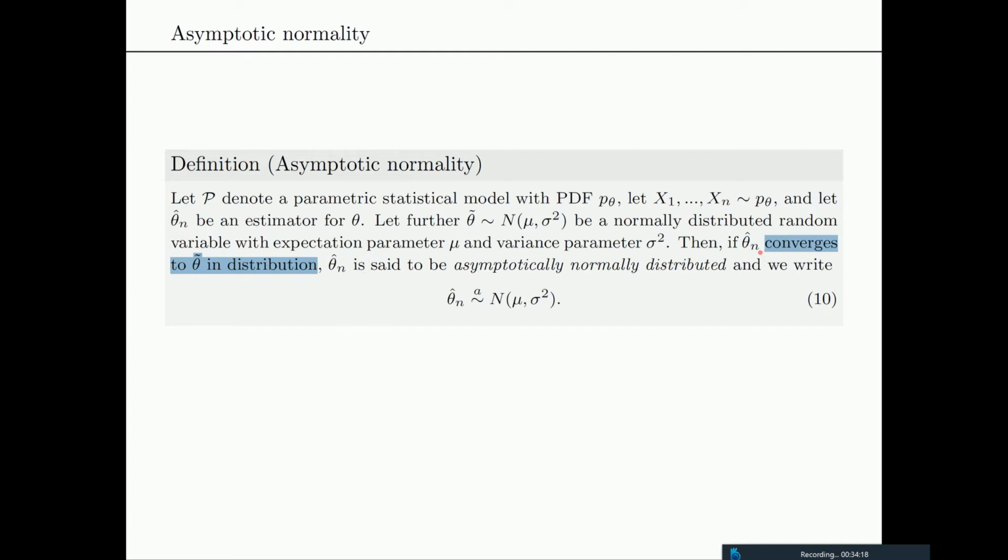Now it converges in distribution to theta hat, and then it's said to be asymptotically normally distributed, for which we write theta hat n is distributed according to this, and we put a little a on top to emphasize that this only holds in the limit of n going to infinity.